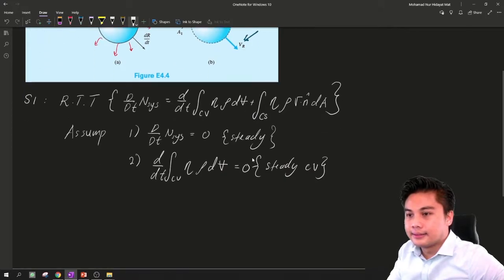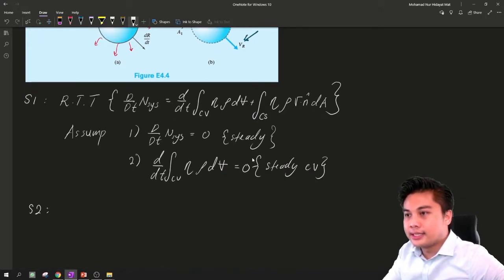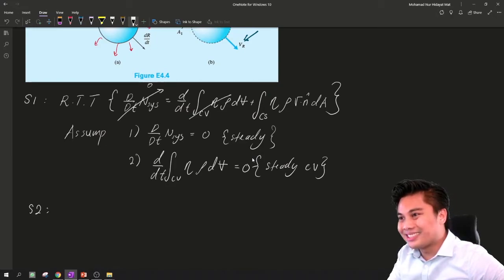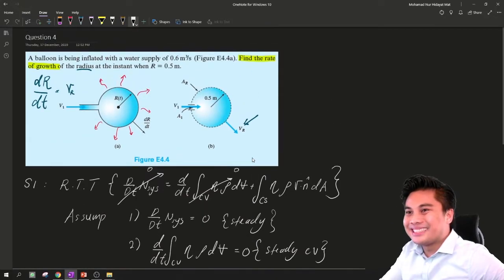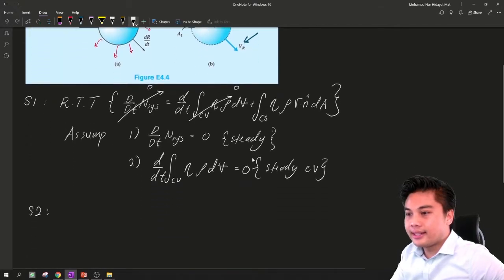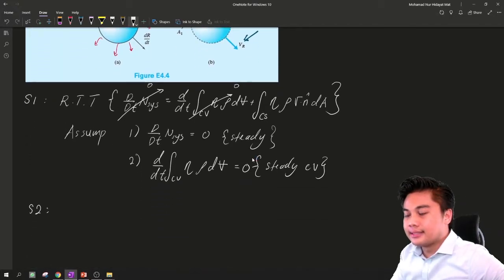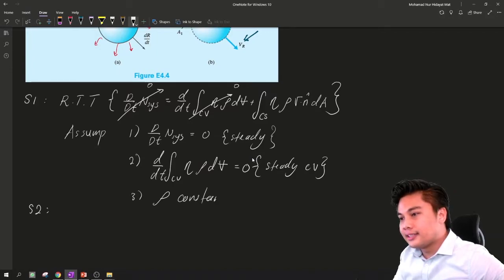Thus, step number 2 is we need to simplify the RTT. We cancel this one, equal to 0. We cancel this one, equal to 0. And remember that this is the water. And then another assumption is density is constant.